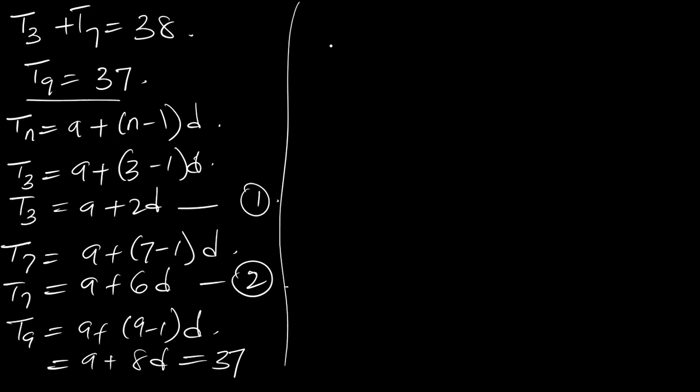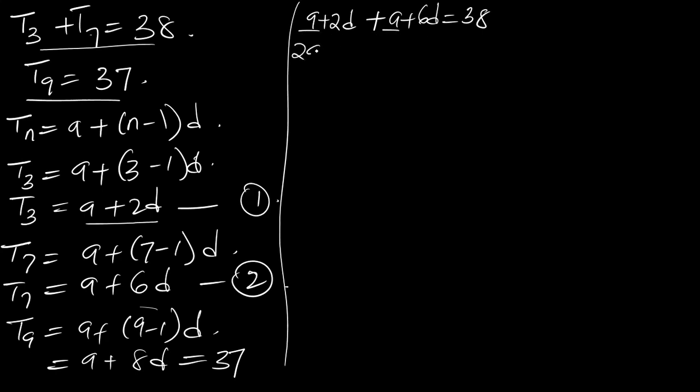Now, we know according to this expression here, the third term, which is a plus 2d, plus the seventh term, which is a plus 6d, is equal to 38. So using the like terms, a plus a is 2a, plus 2d plus 6d will give you 8d, is equal to 38.